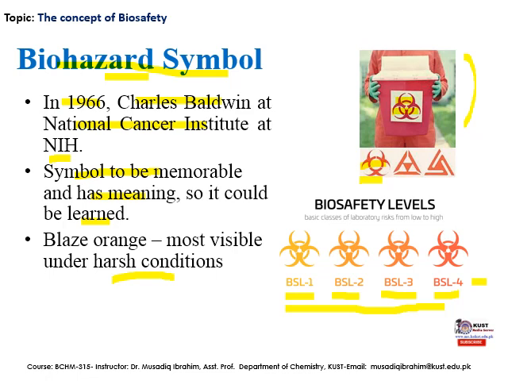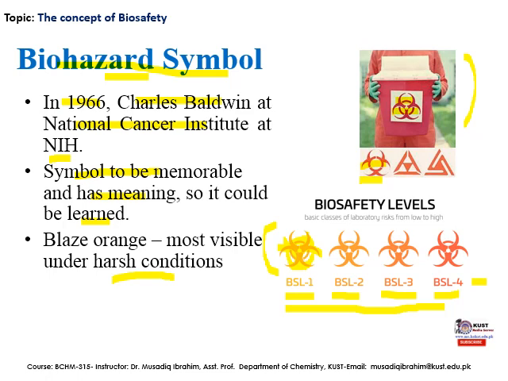Now, if you look at the biohazard symbol, you can see that there are four circles. One circle is in the center, and there are three circles around it, a total of four circles. These four circles represent different things.